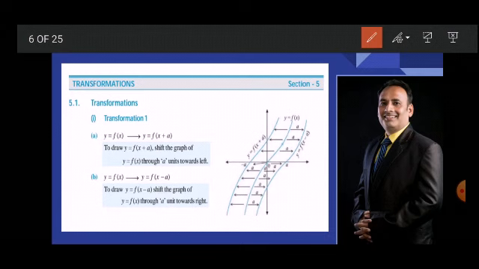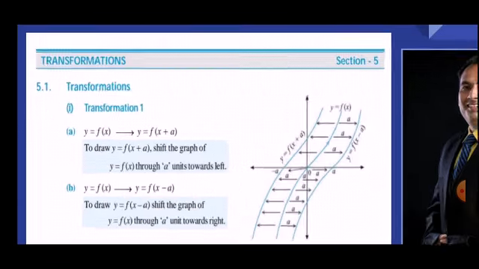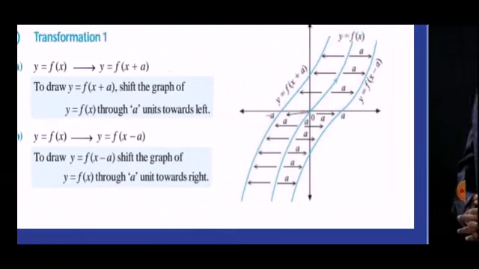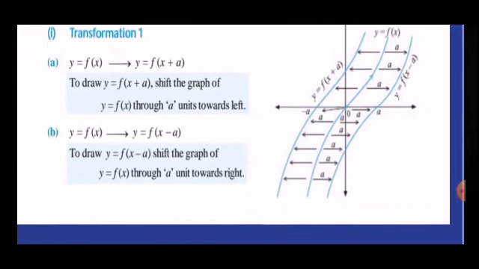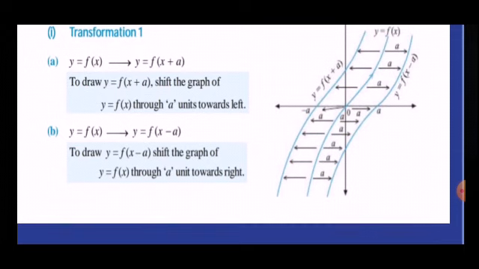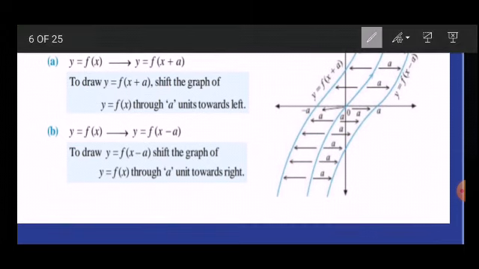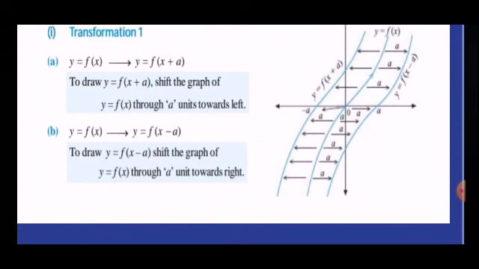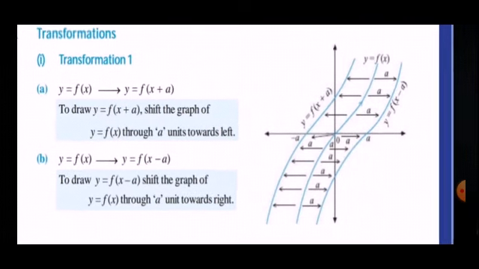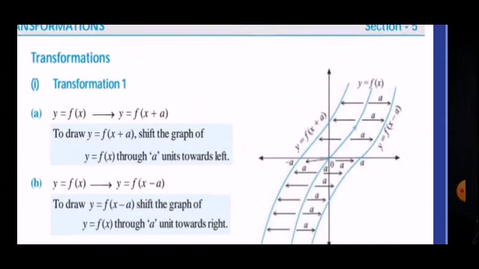Before this, not only for general 1 unit, here if we see f of x plus a unit, mind this point. Transformation 1: y equal to f(x), y equal to f of x plus a. In f of x plus a, what we have to do, let's say this part of the graph is f(x).